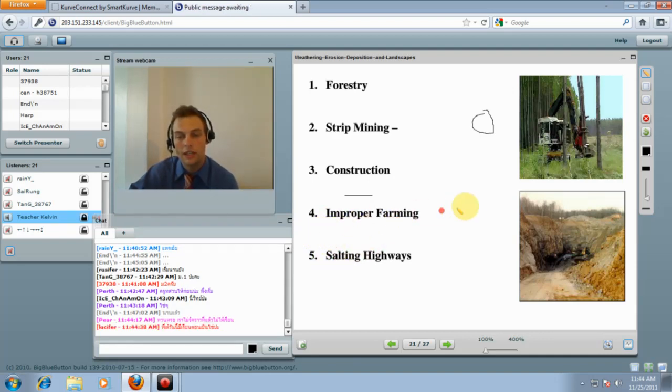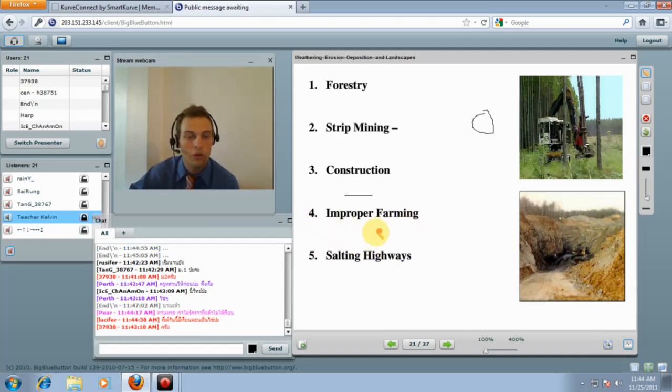Every time you take out all the old plants and plant new plants, you're taking out more nutrients from the soil and just throwing them away. So this is a way that you can erode and get rid of good land and create bad land: through improper farming. You take nutrients out of it over and over again, and pretty soon you can't use it at all to grow food.